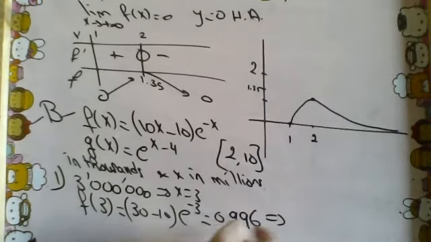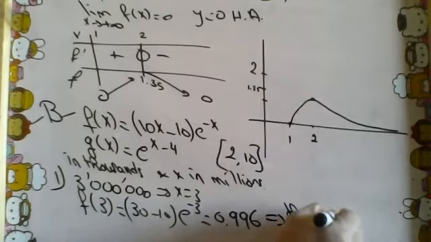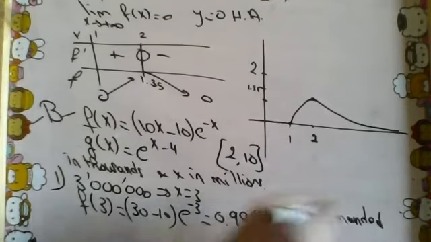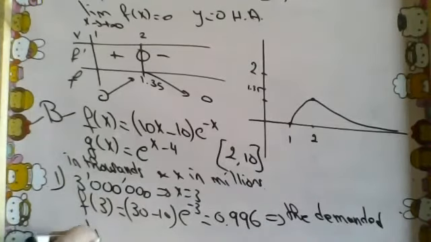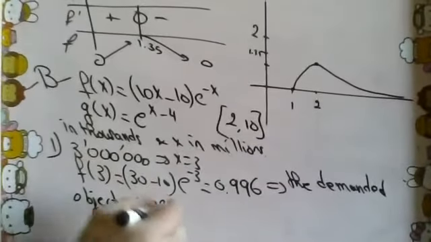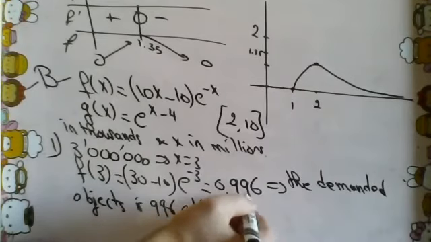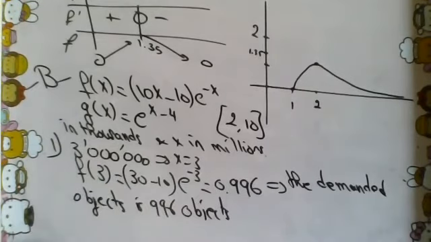So the demanded objects will be 996 items or objects, which is 0.996 times 1000. Okay? Clear? Any questions?